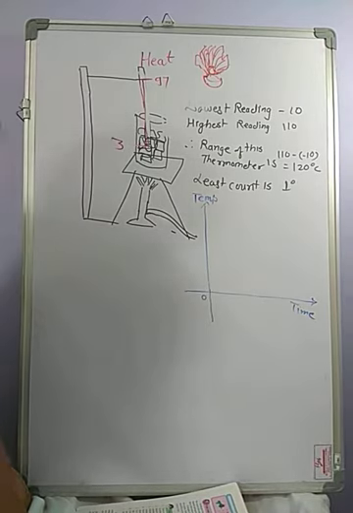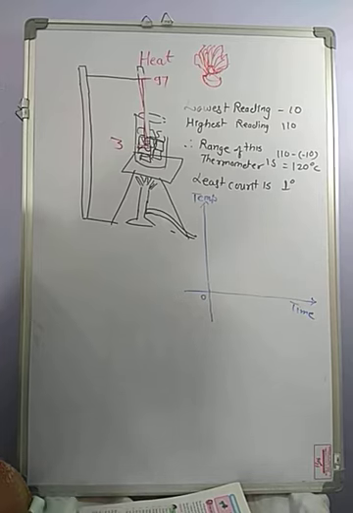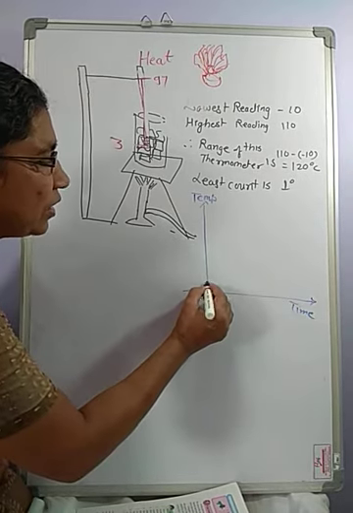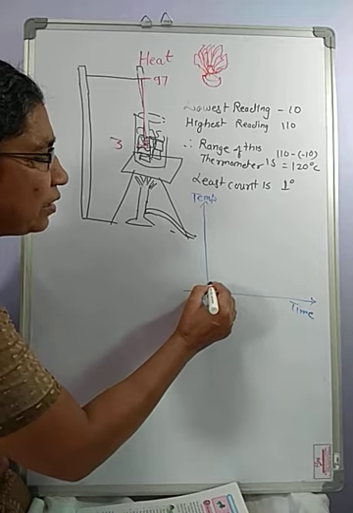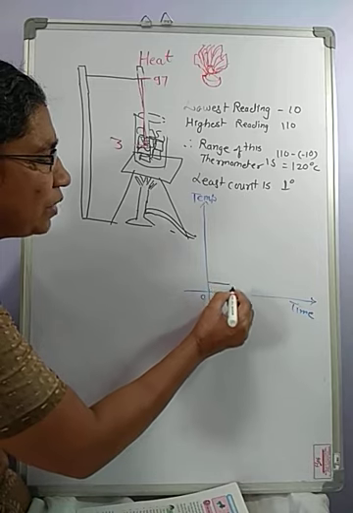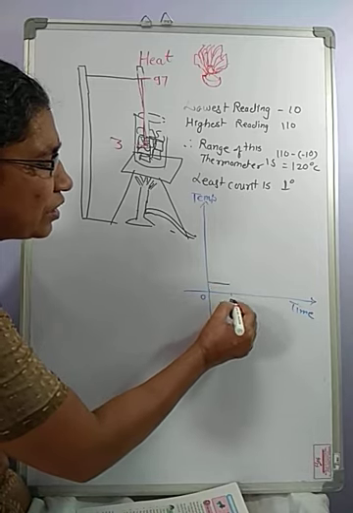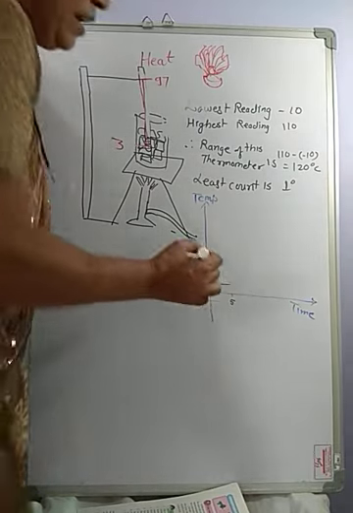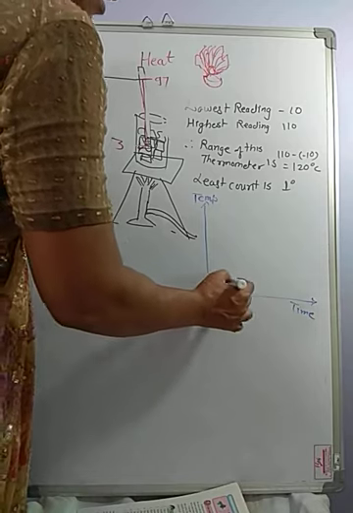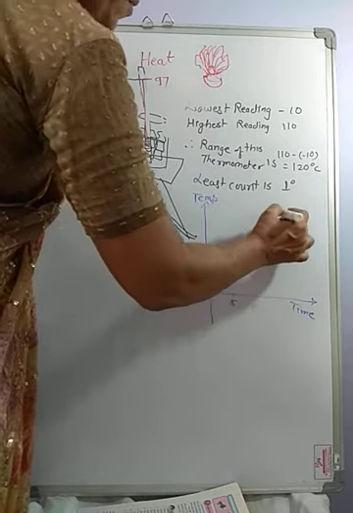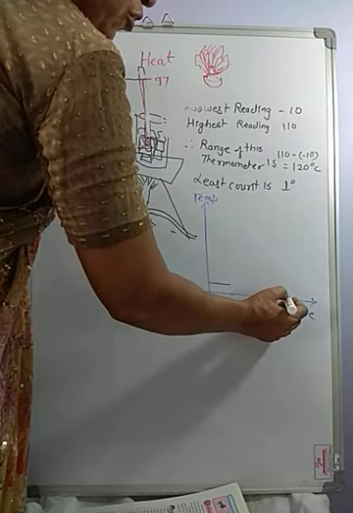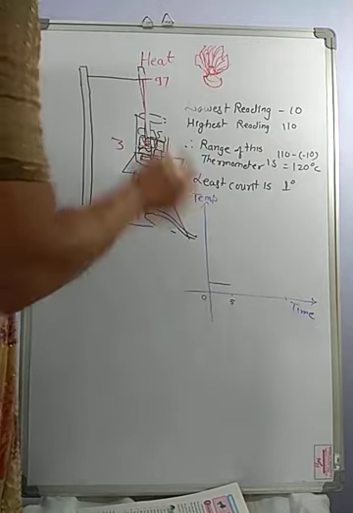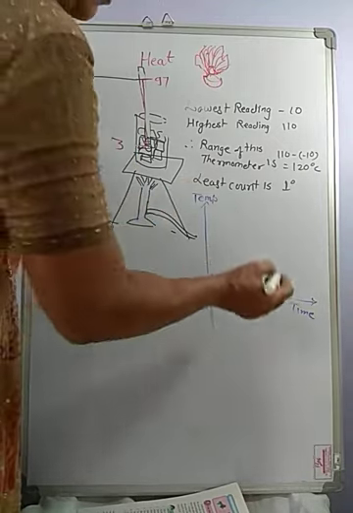So our graph does not start from 0, it starts from 3 degree. After 3 degree, it stayed near 3 degree for about 5 minutes. And after then, the temperature started rising up to, suppose, 10 to 15 minutes, because I have paused the video. I have not shown you the intermediate states.